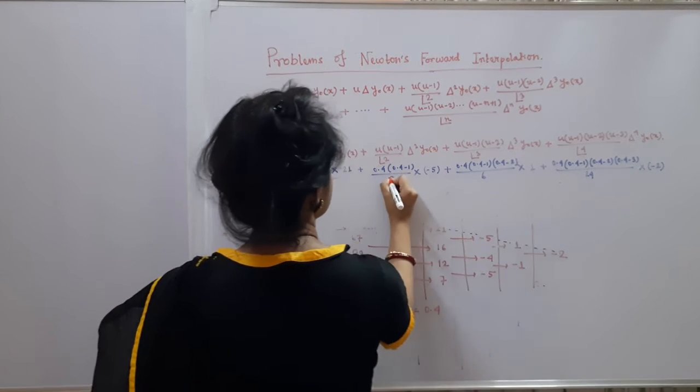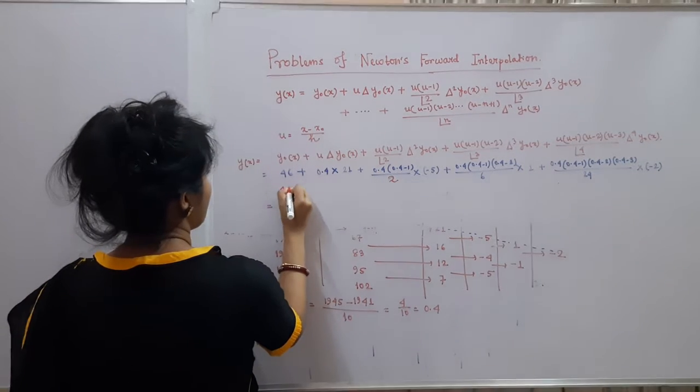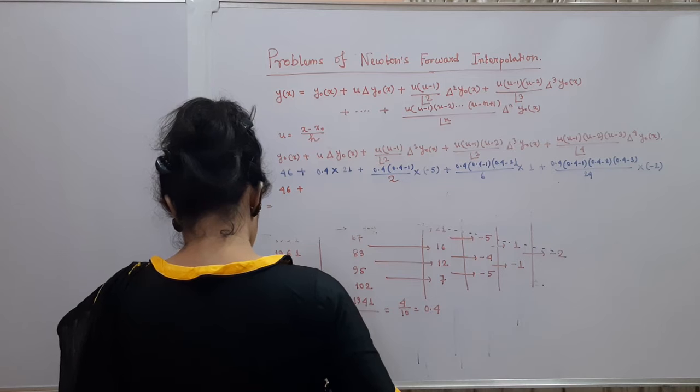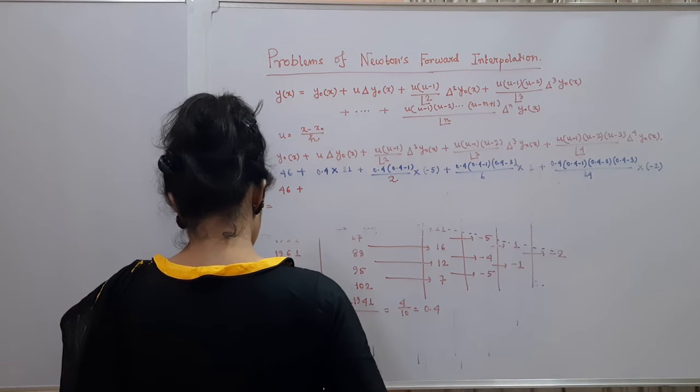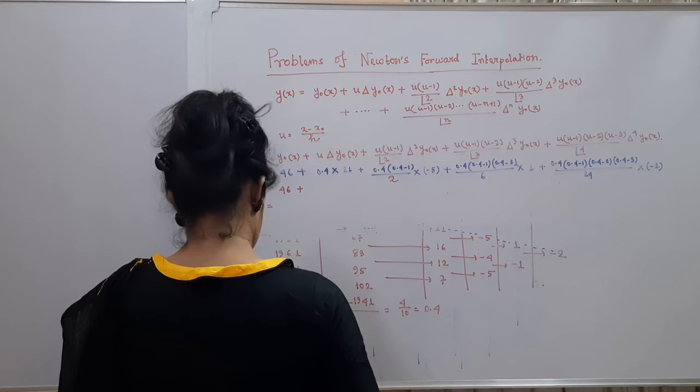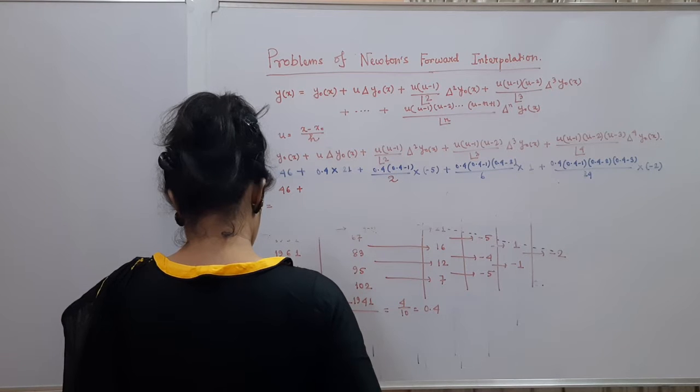Remove it like that, that is 46 plus 21 into 4 by 10.